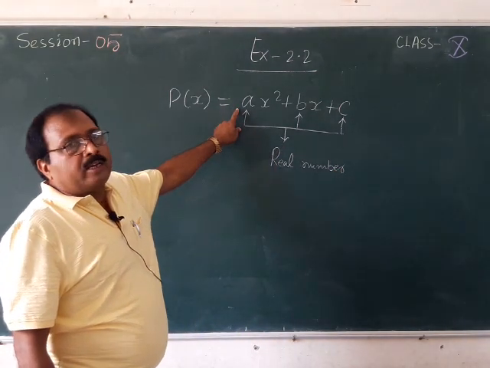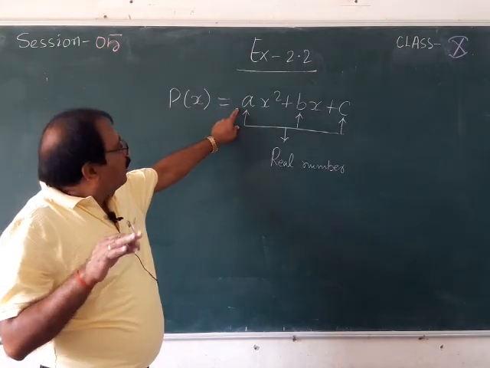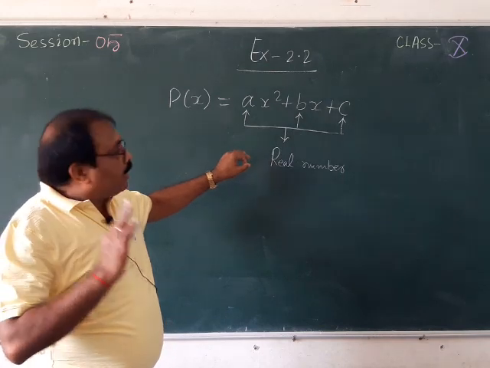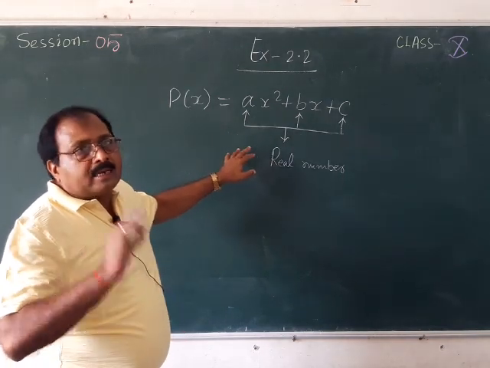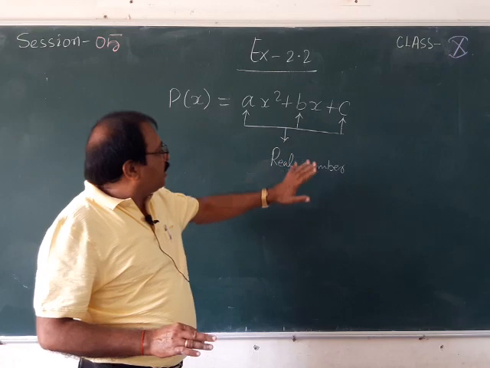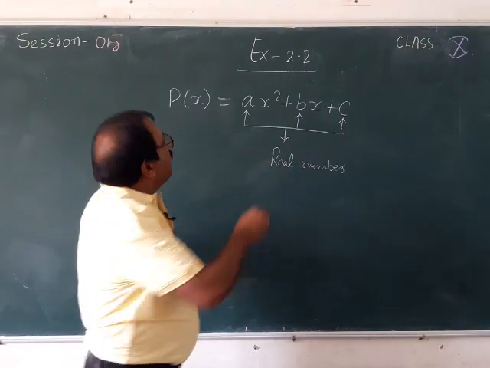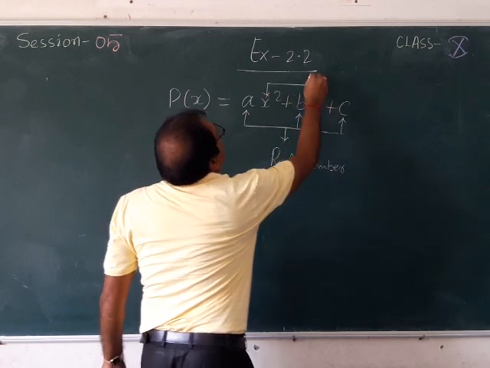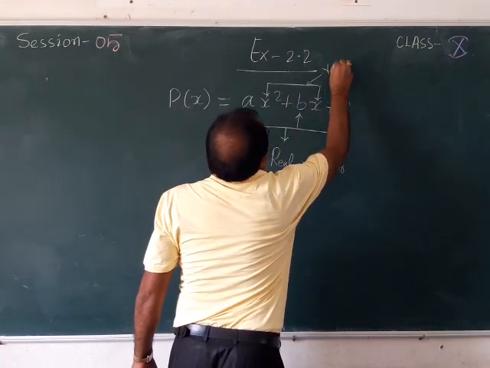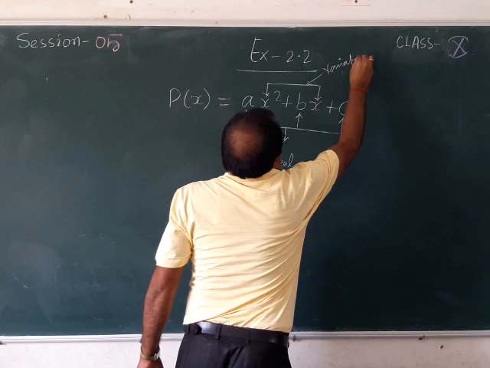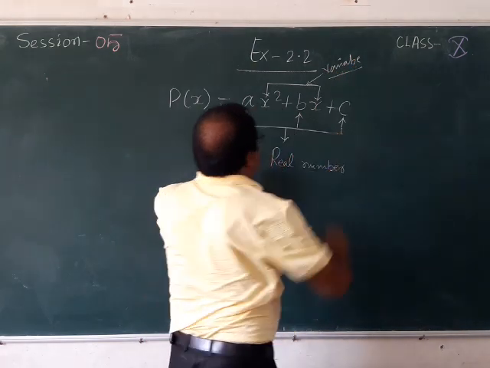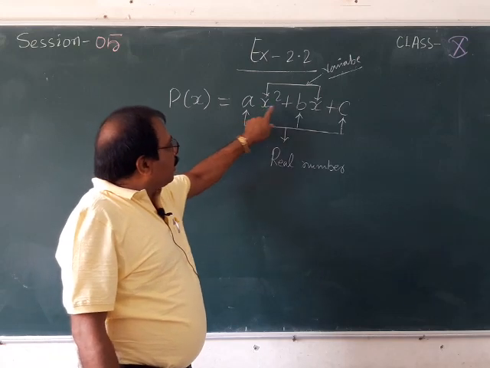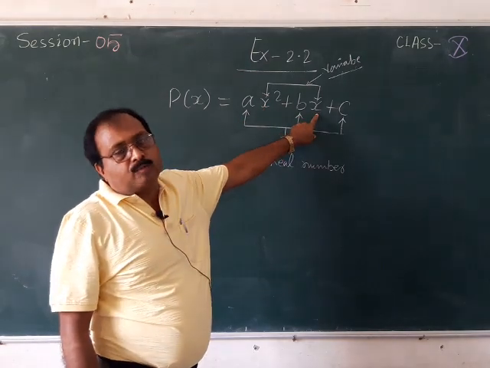The value of a may be a whole number, a rational number, or a decimal number. And in place of x you may have the variable, but take care that this variable should be the same, because if I am writing x square, here x should be there, I cannot write y.